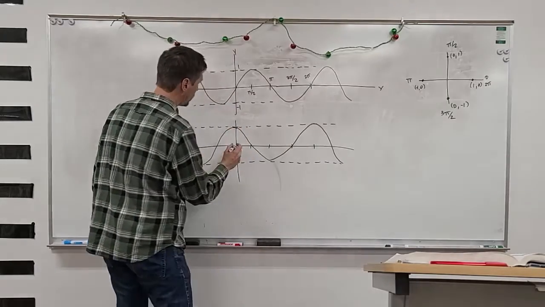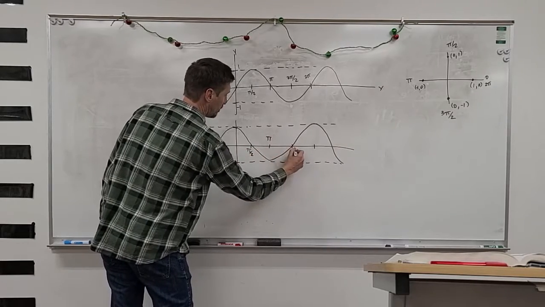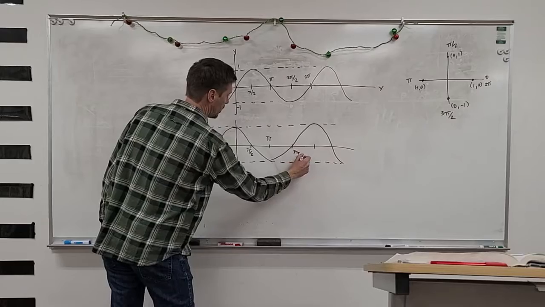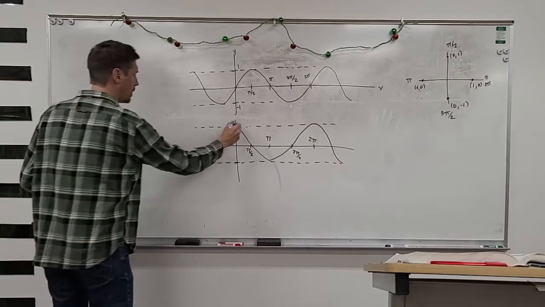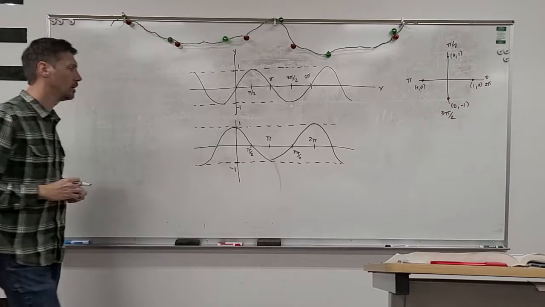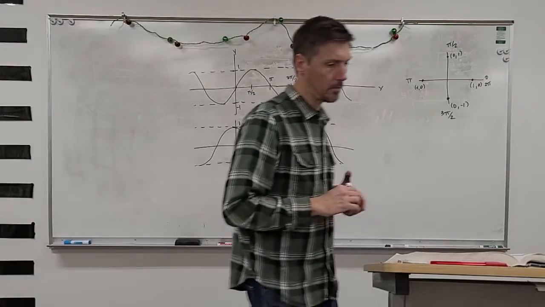Like that. And so this is pi halves, this is pi, this is 3 pi halves, and this is 2 pi. Again, this is 1. This is -1, and I'll let you finish writing that down, and we'll talk about that in a moment.